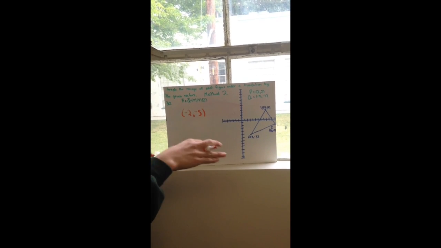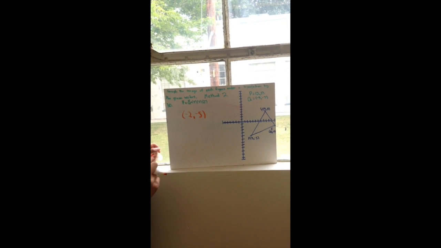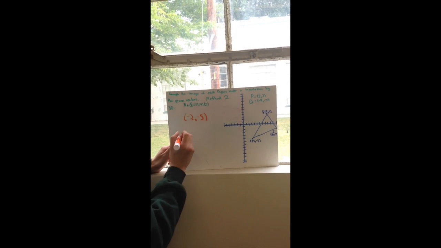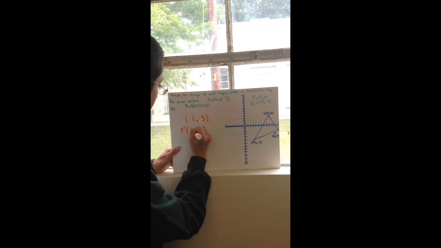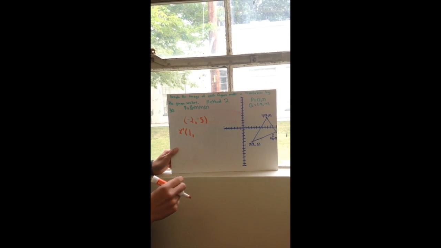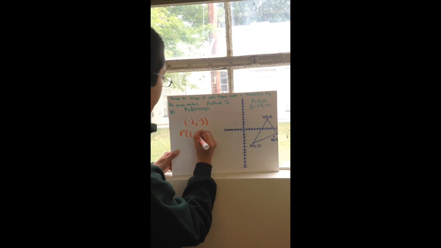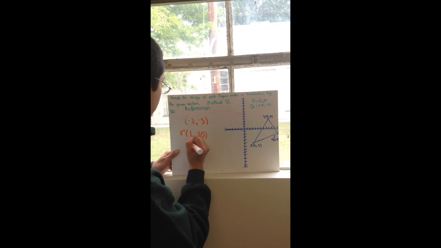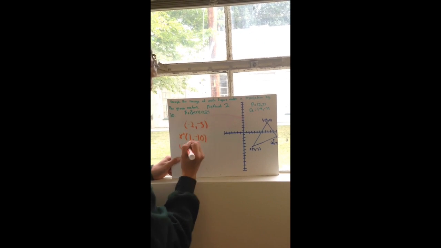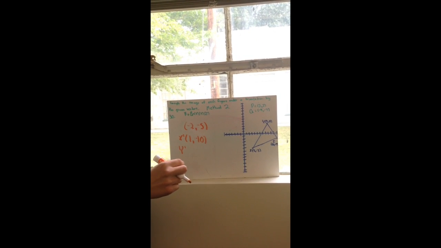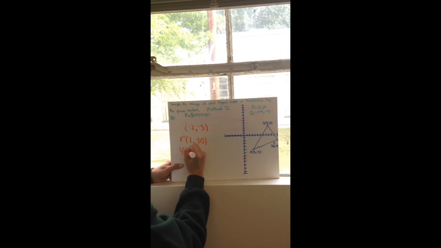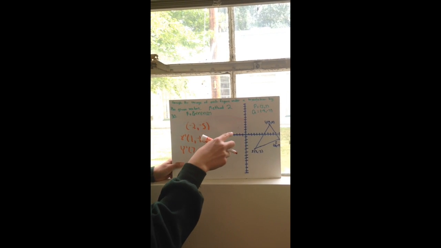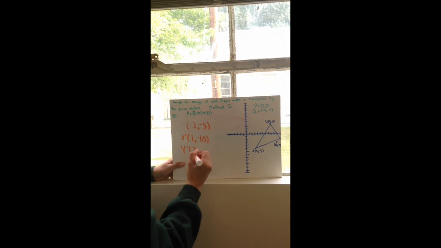And now we're going to add those to the other points. So to find our X prime, we're going to do 3 minus 2, which is 1, and then negative 5 minus 5, which is negative 10. To find our Y prime, we need to do the exact same thing. So 9 minus 2, which is 7, and then 4 minus 5, which is negative 1.